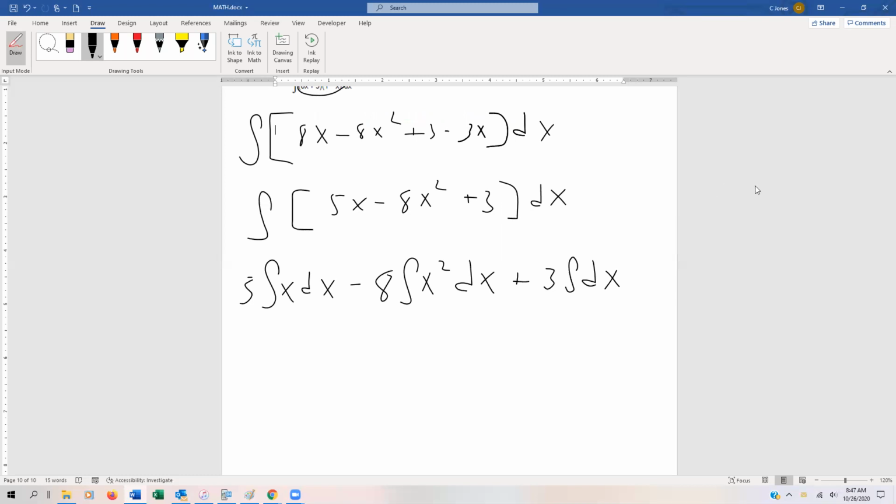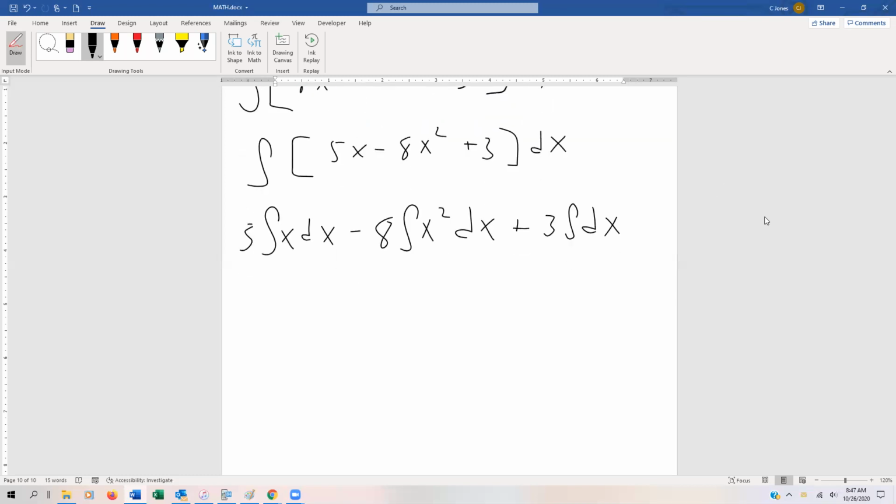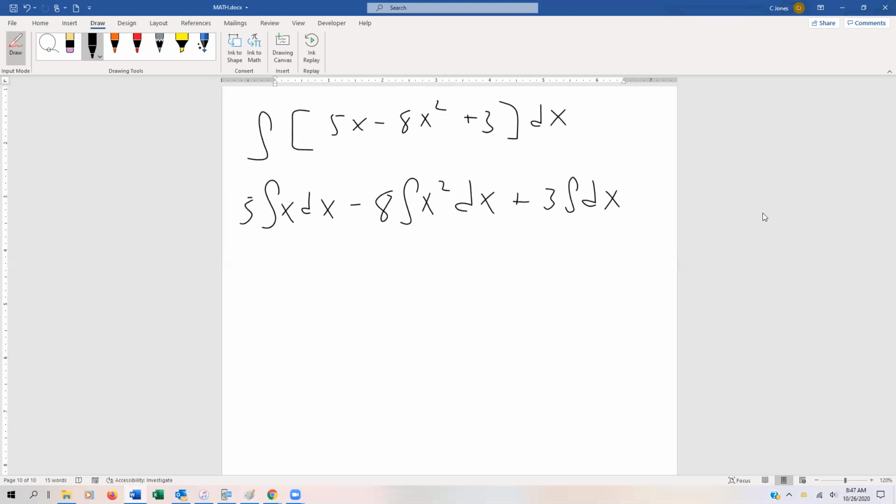And now we can integrate each of those one by one by using our regular integral rules. We're just going to add 1 and divide by the new exponent. So this is going to be 5x squared over 2. Remember that has an implicit 1 up there, so we add 1 and divide by 2, minus 8x cubed over 3, plus 3x.